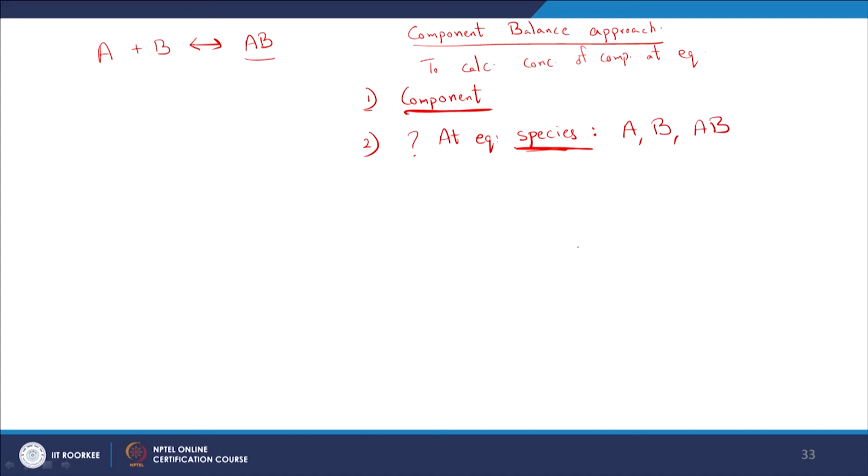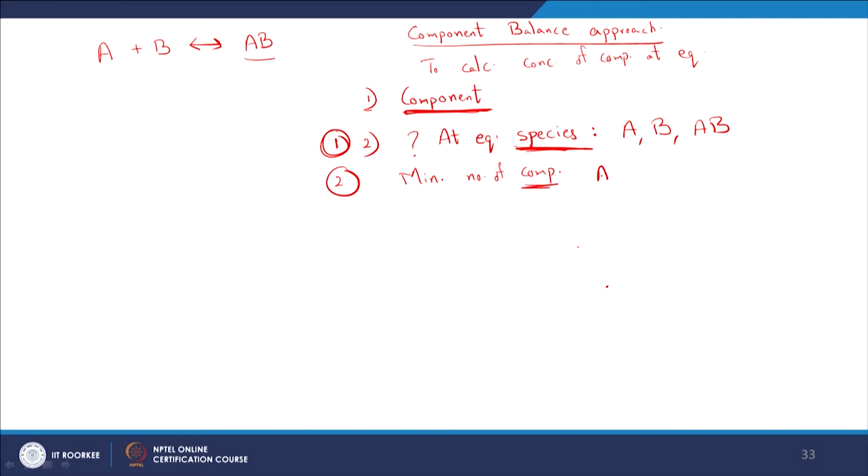The first step would be identifying the species. Once I identify the species, I will then choose components, the minimum number of components to be able to form all my species. When I say form, it is not a chemical reaction, it can be any hypothetical equation too. So here, what are the components in this case?